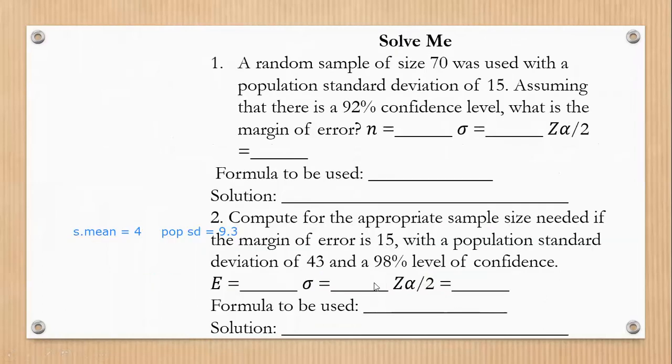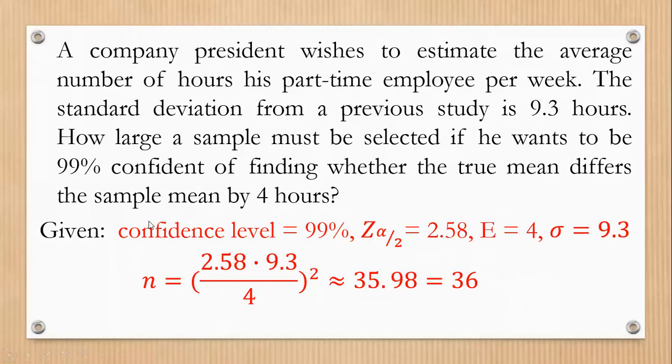Sometimes there are factors that may affect your sample size determination. So what are those factors? First is your margin of error. Since no sample will be perfect, you need to decide how much error to allow.